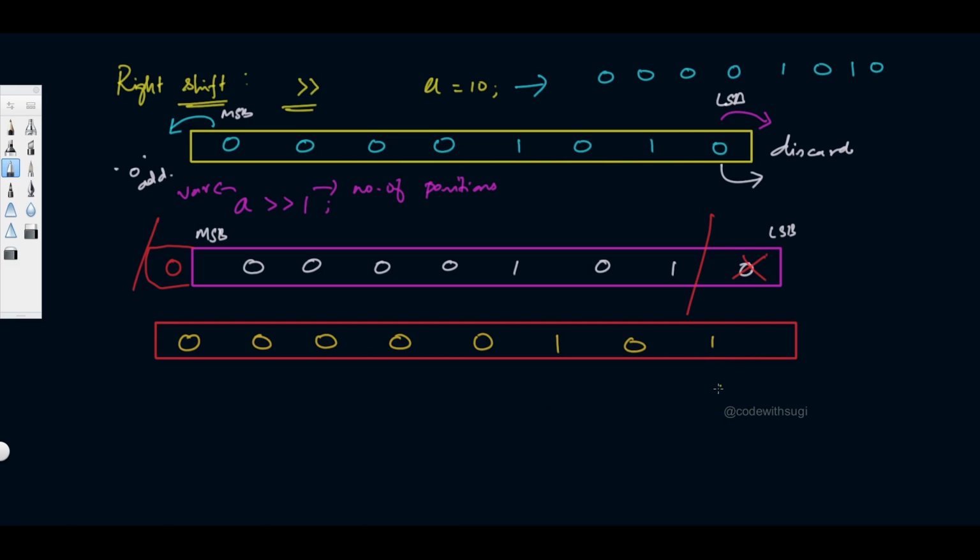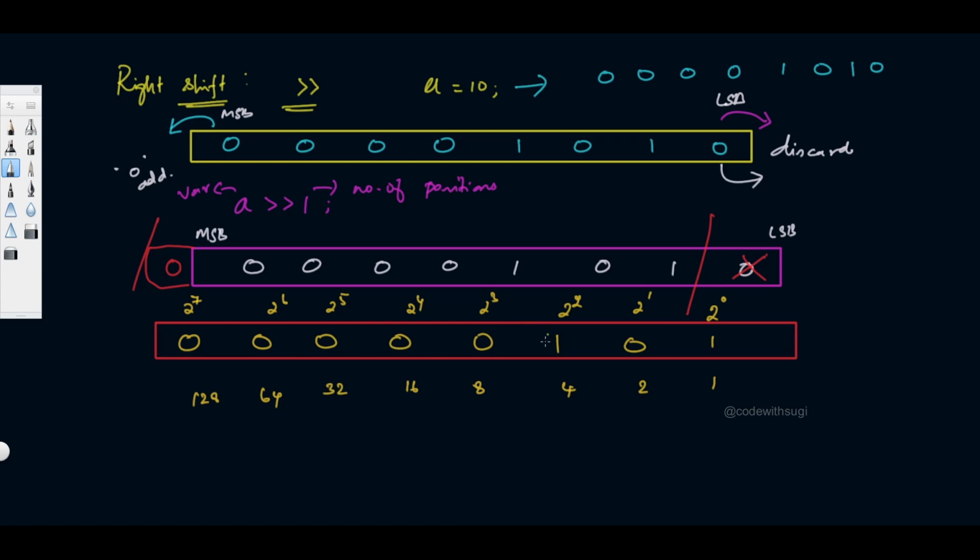This we can say 2 power 0, 2 power 1, 2 power 2, 2 power 3, 2 power 4, 2 power 5, 2 power 6, 2 power 7. And we all know the values: 1, 2, 4, 8, 16, 32, 64, 128.